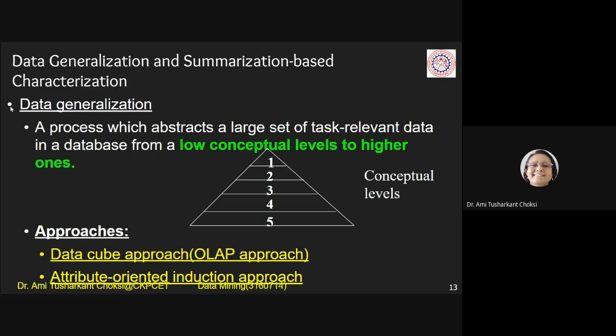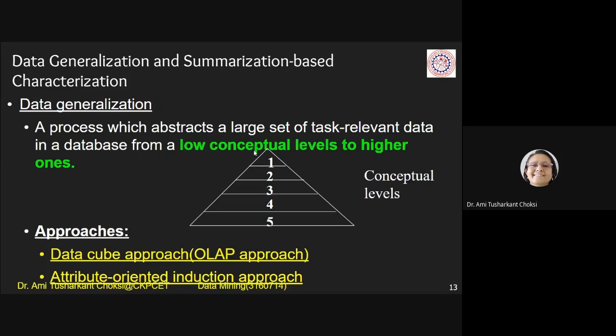So what do we say about data generalization? A process which abstracts a large set of task relevant data in a database from low conceptual levels to higher ones is called generalization.